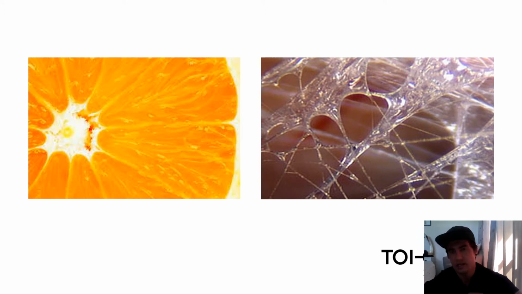Here's a really good analogy of how we could think about fascia. On the left you've got an orange, and within that orange you can see all the different types of sinew that helps bind that orange and keep it together as one.